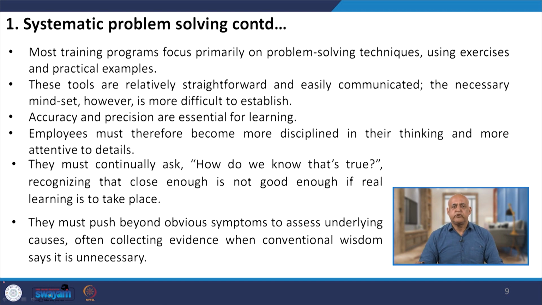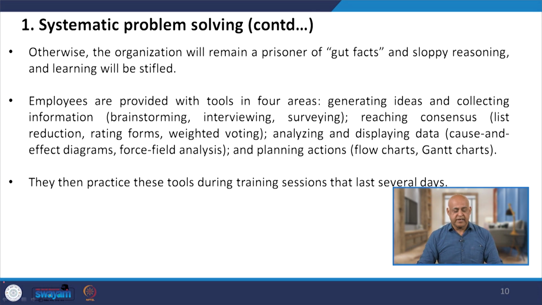So, they must push beyond the obvious symptoms to assess underlying causes, often collecting evidence when conventional wisdom says it is unnecessary. Otherwise, the organization will remain a prisoner of gut facts and sloppy reasoning, and learning will be stifled.